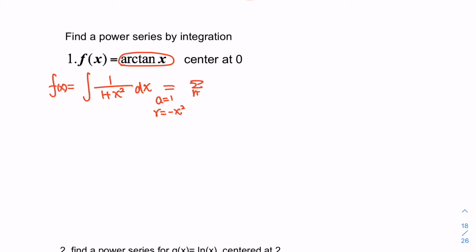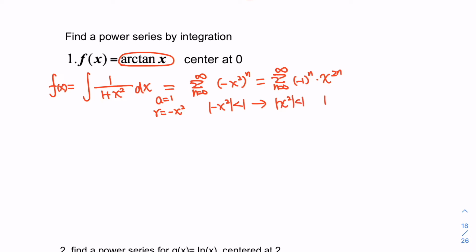Sigma notation is from 0 to infinity, a times r to the nth power. That gives us negative 1 to the n, x to the 2n power. As negative x squared is less than 1, x squared is less than 1, so x is less than 1. So the interval is negative 1 to 1. This is the interval for this function.